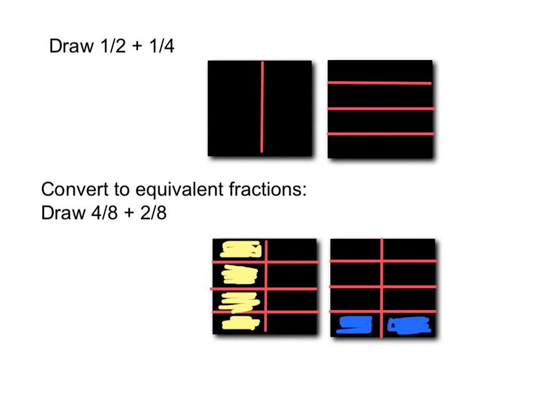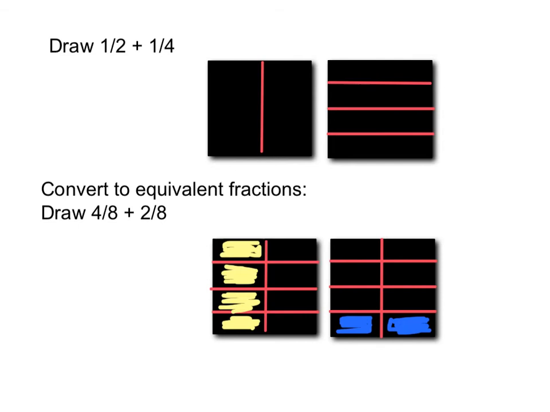I want you to convert to equivalent fractions, just like on that piece of paper. You folded it and created your eighths. I want you to make your eighths over here and create your eighths over here. You've shaded in now a 1/2, 4/8. You've shaded in 2/8 with your 2 different highlighters, or just shading in with your pencils.